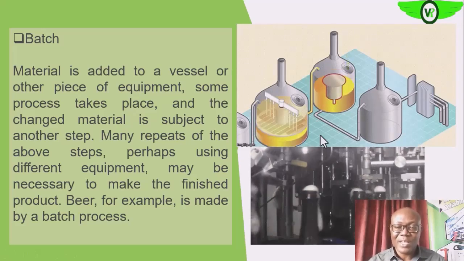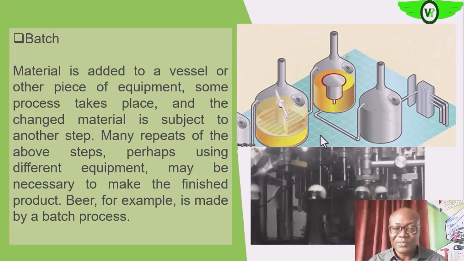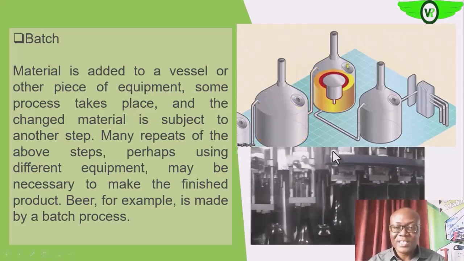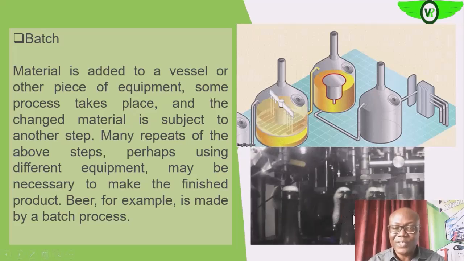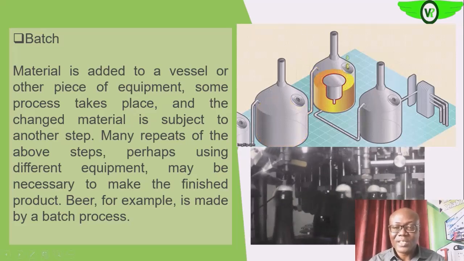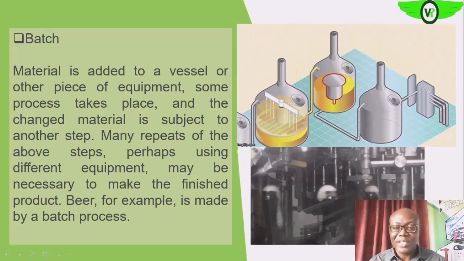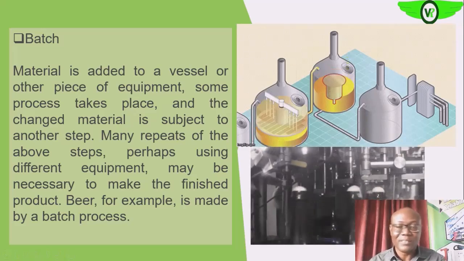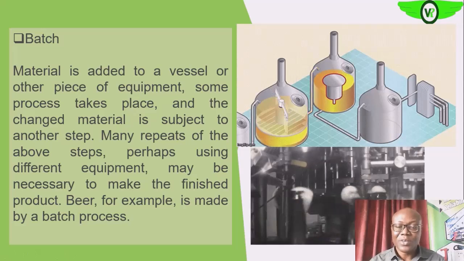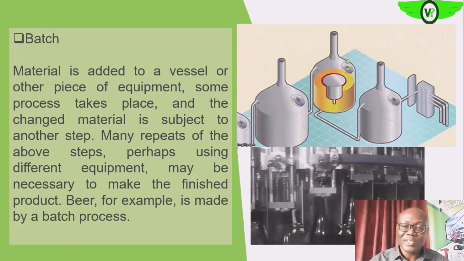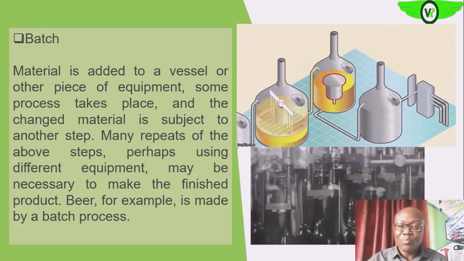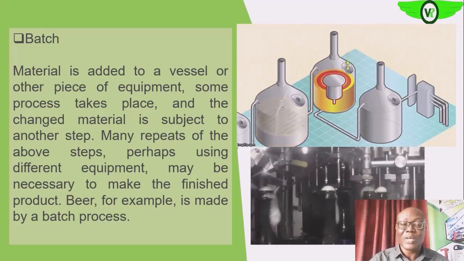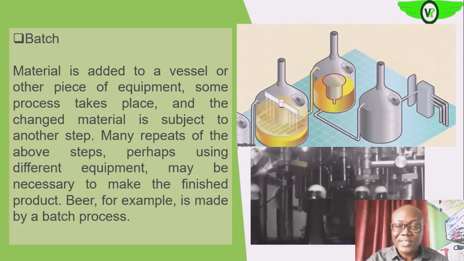Other additives may be added at a different stage. Then the filling of the bottles or the cans, and the corking will also take place at different stages. Okay, so this is called the batch process. You must finish one stage before you can go to the next stage.